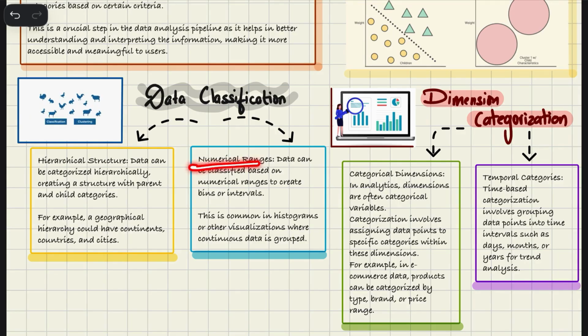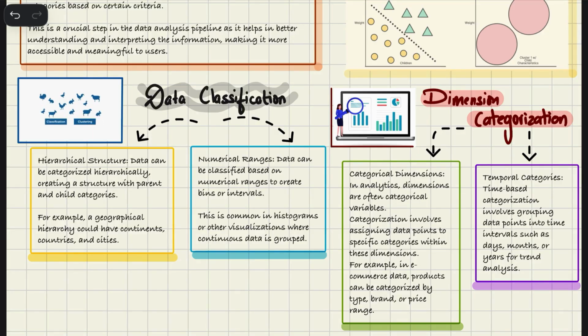And then we have numerical ranges as well. The chopping block. This is when data is classified based on numerical ranges to create intervals. Taking an endless continuous stream of numbers and chopping it into distinct buckets. This is what numerical ranges means. This is what binning means.